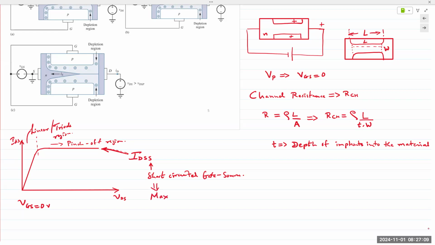And this is highly dependent on the manufacturing process, the device parameters, the length, the width of the device, plus the dopant impurities that are implanted into the device, and the dosage. So it is highly dependent on the manufacturing process. Depending on what applications we want to use the J-FET for, the dimensions and the implants and the parameters would be different.